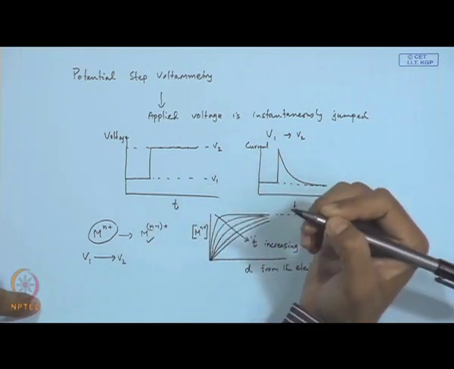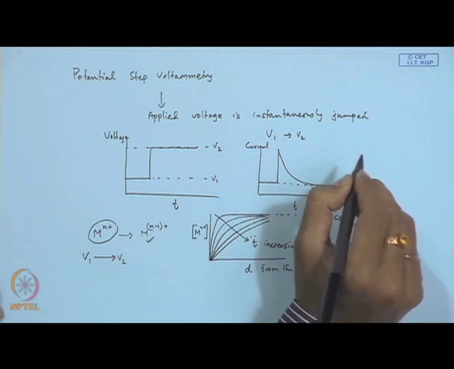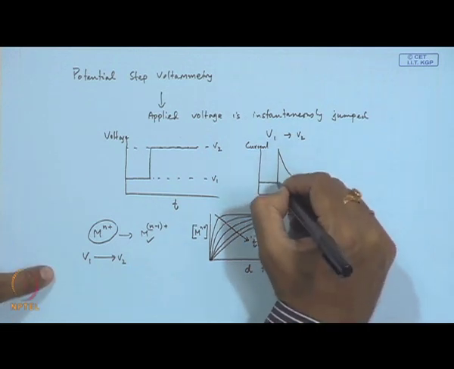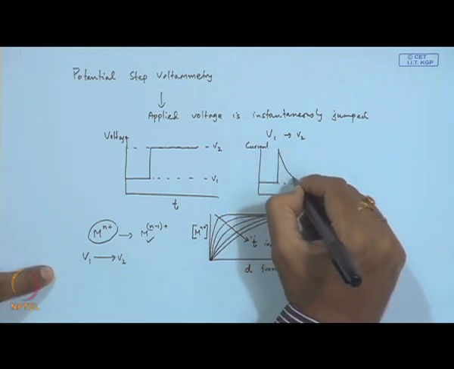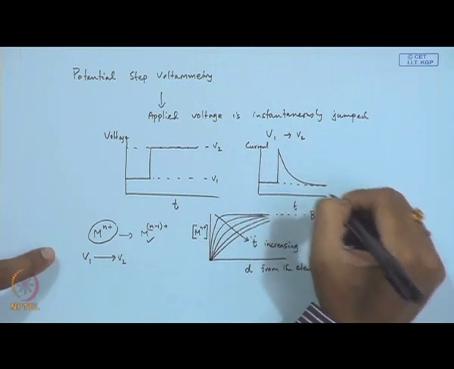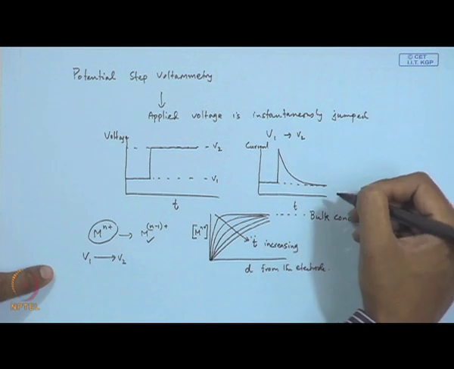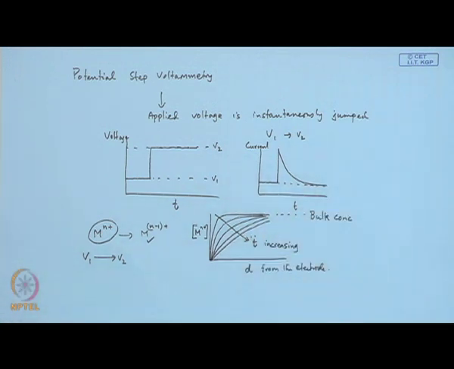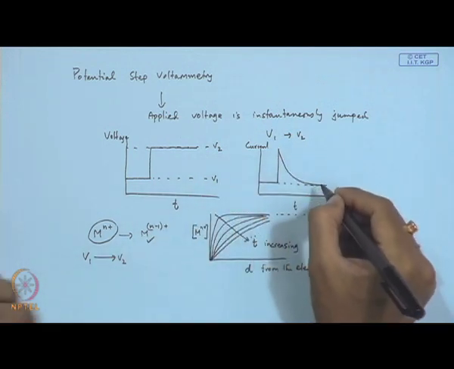Those ions which are very close to the electrode are affected. That is why there is a huge change in current, and then slowly it decays to the starting value. The current rises instantaneously after the change in voltage and then begins to drop as a function of time.